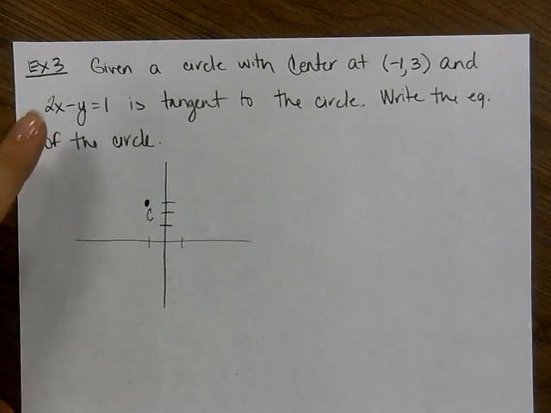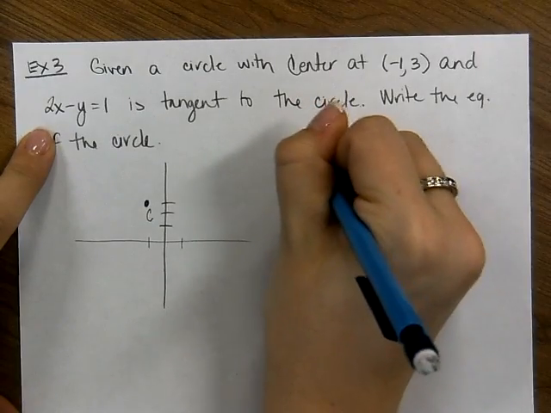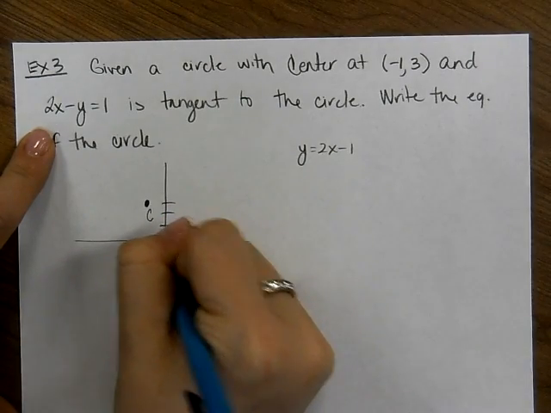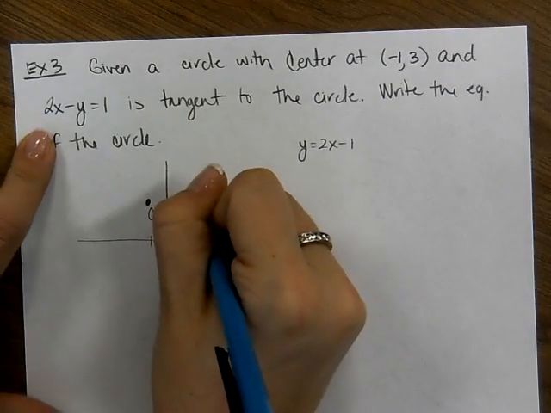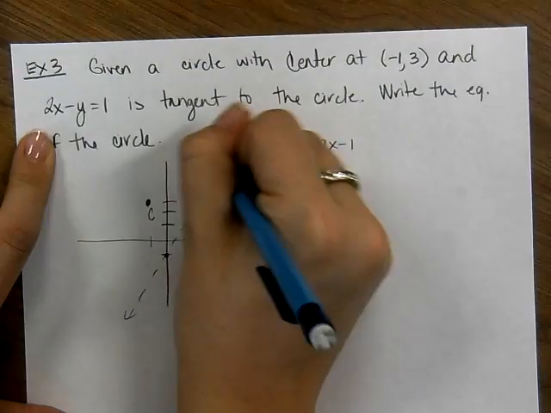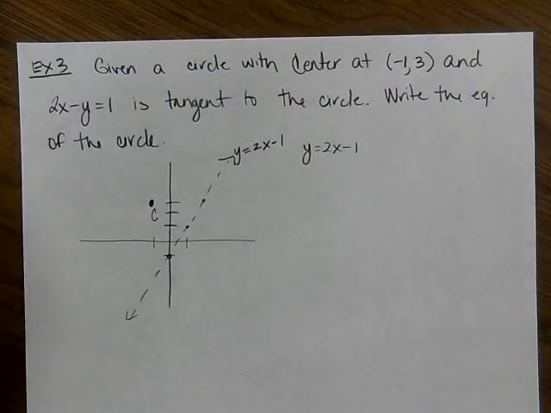Also, there's a few ways to manipulate this line. Think about 2x minus y equals 1. Isn't that the same as y equals 2x minus 1, in slope-intercept form, if you just manipulate it? So doesn't that mean you have a y-intercept at -1 and the slope is 2, so up 2 over 1? So here you have this line, y equals 2x minus 1, and then you have this circle.